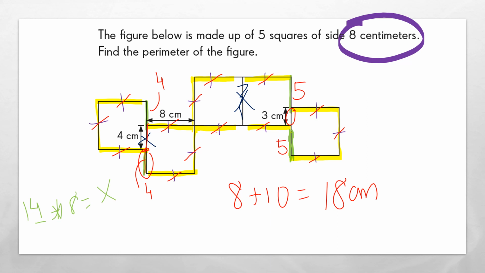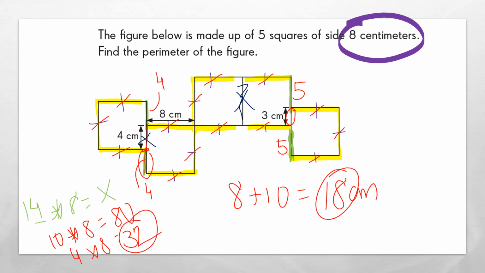Don't let the adults mess you up. You know that 10 groups of 8 is 80. But we need 4 more groups. 4 groups of 8 is 32. So we can add those two together. So, ooh, I actually want to put 18 and 32 together, don't you? Because these are the 4 amounts I need to put back together.